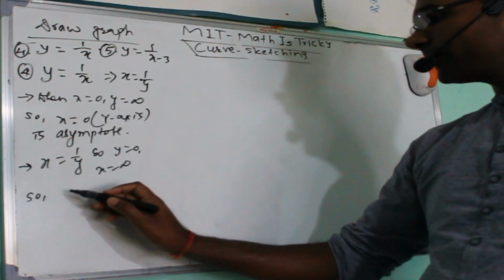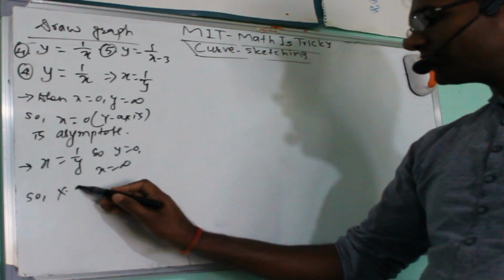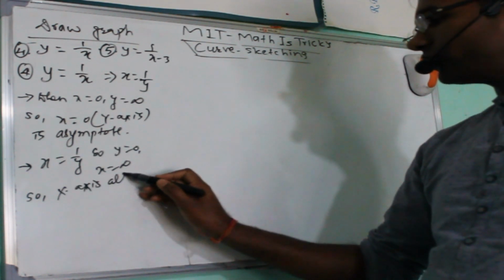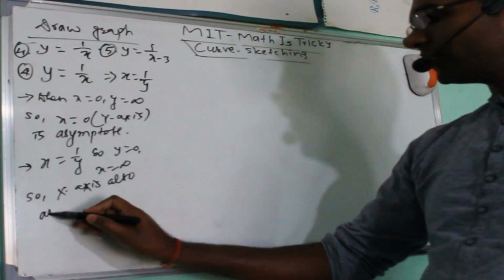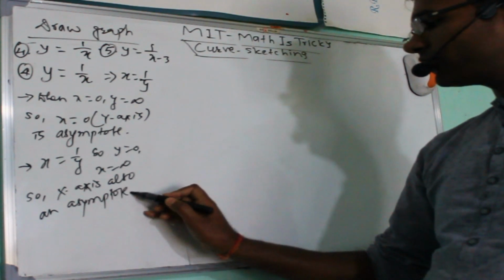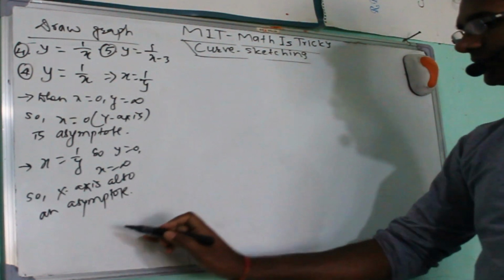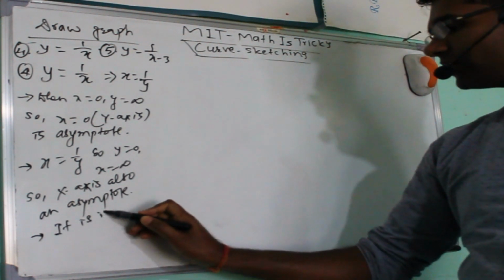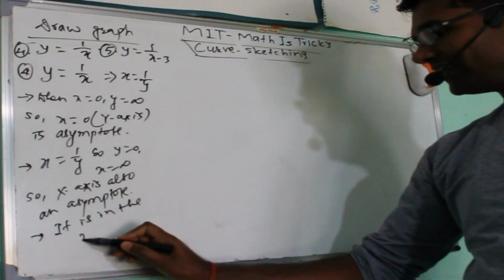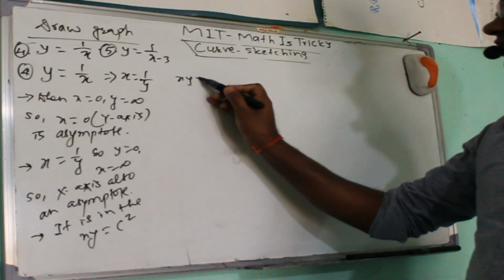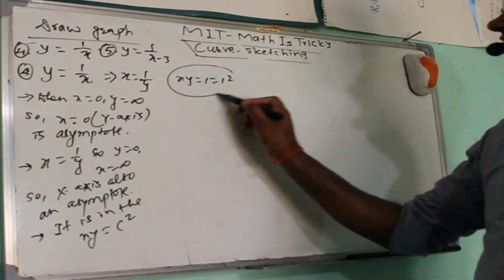So the x-axis is also an asymptote. Another piece of information, let me write here: it is in the form xy equals c square, because see here, xy equals 1 square, we can write it.